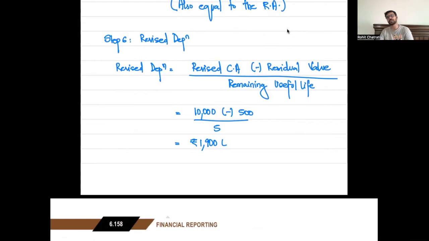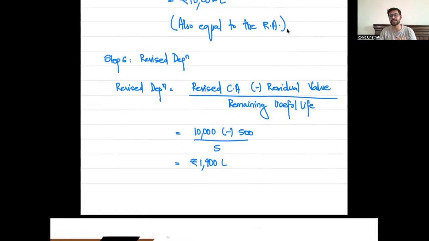So the revised depreciation is calculated as revised carrying amount less residual value divided by the remaining useful life. Originally we calculated the depreciation as cost less residual value divided by total life. Because we are adjusting the depreciation on a prospective basis, we calculate it as revised carrying amount after impairment loss less residual value divided by the remaining useful life.